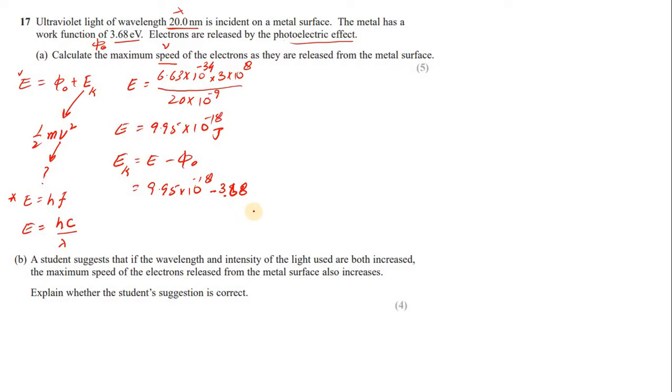But this is in electron volt, and we need to convert into joule, times 1.6 times 10 to the power minus 19. So the kinetic energy you can find as 9.86 times 10 to the power minus 18 joule.